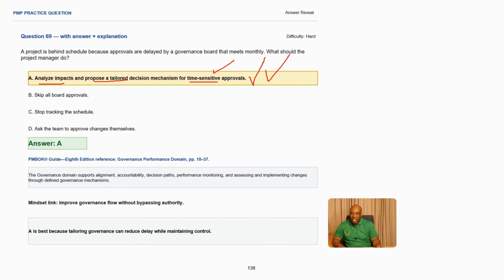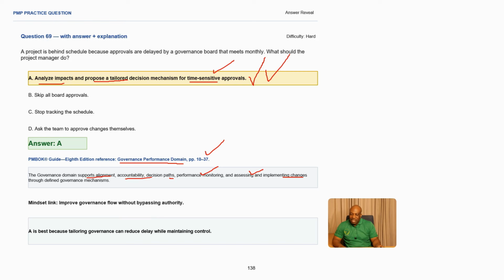And how do we reference this to our PMBOK? You go to the governance performance domain, which is page 10 to page 37. What does the governance performance domain say? It supports alignment, accountability, decision paths, performance monitoring, assessing and implementing changes throughout the governance process.